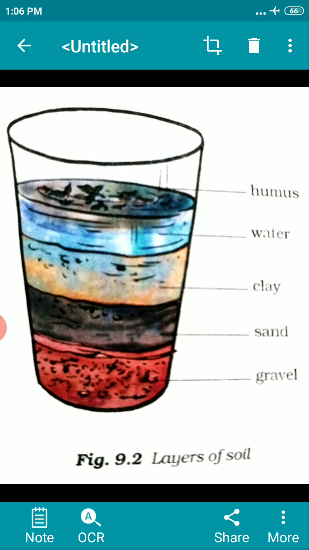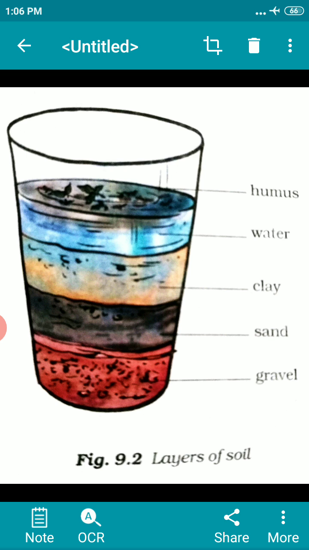Take a handful of soil and put it in the glass containing water. Stir it well with the stick to dissolve the soil. Now, let it stand undisturbed for some time.